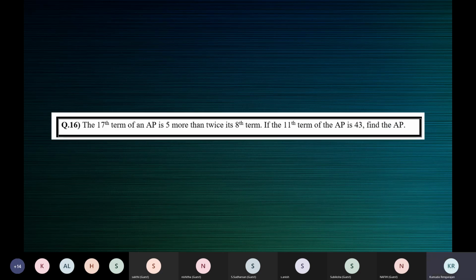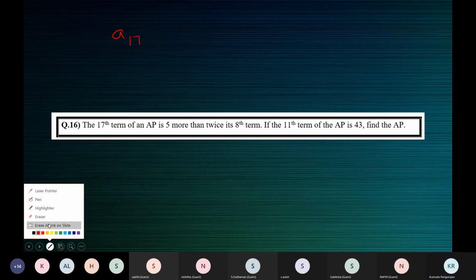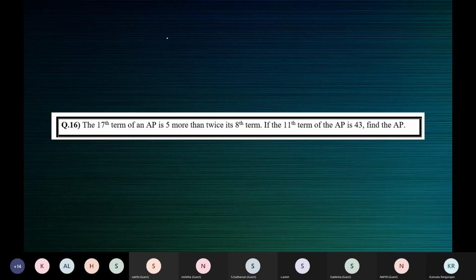The 17th term of an AP, that is A plus 16D. The 17th term of an AP is 5 more than twice the 8th term.